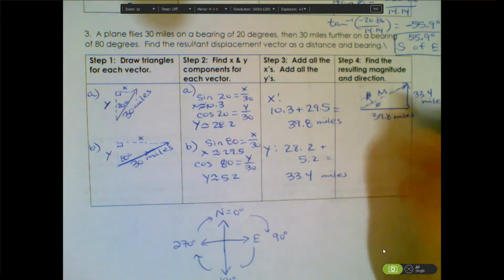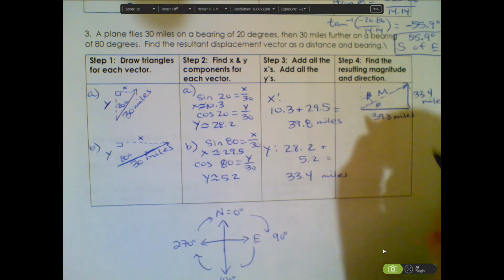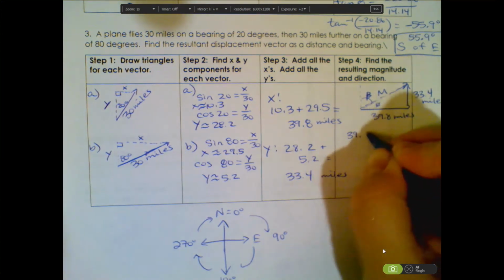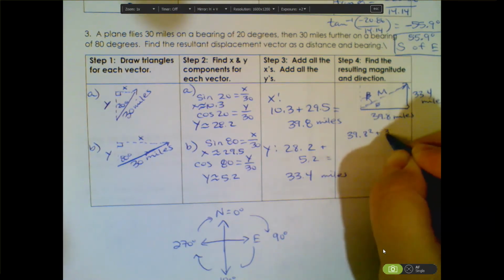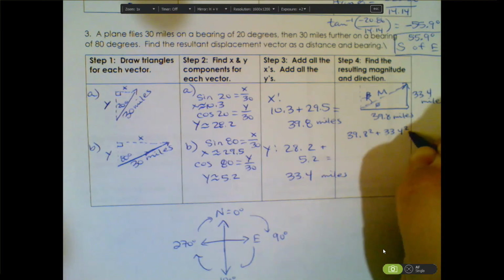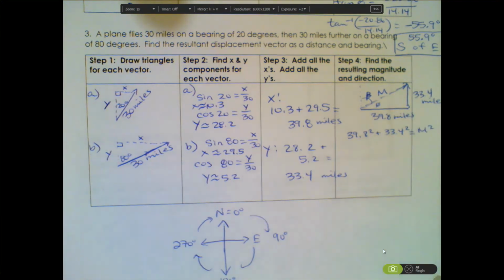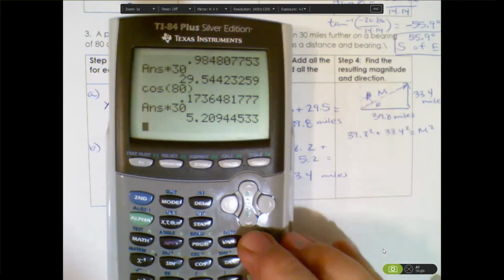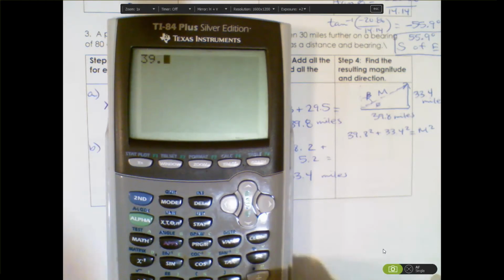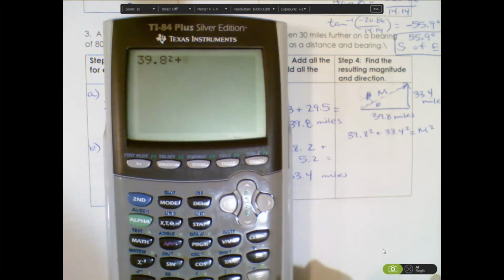So to find the magnitude, let's use the Pythagorean theorem. 39.8 squared plus 33.4 squared equals the magnitude squared. It's a lot of work for one problem here, but the more you know the process, the faster you can go.